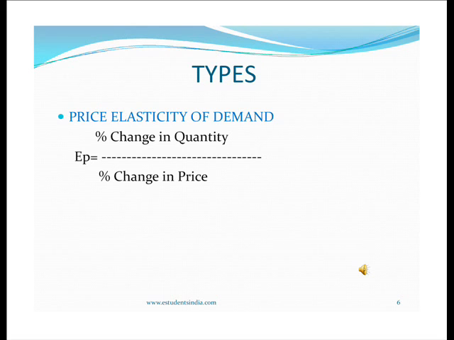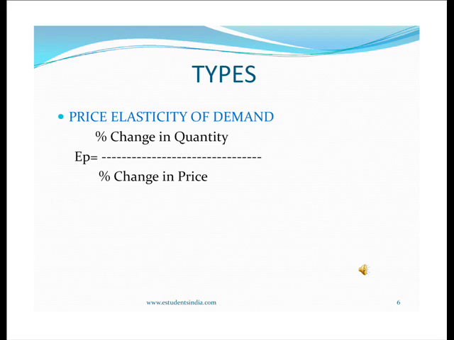The price elasticity of demand, EP, is equal to change in quantity, 150 units minus 125 units, 25 units, divided by original quantity 125 units, all divided by change in price, rupees 10 minus rupees 9, divided by original price, rupees 10. So EP is equal to (150 minus 125) divided by 125, all divided by (10 minus 9) divided by 10. That is equal to 2.